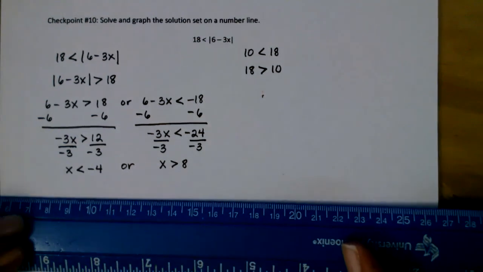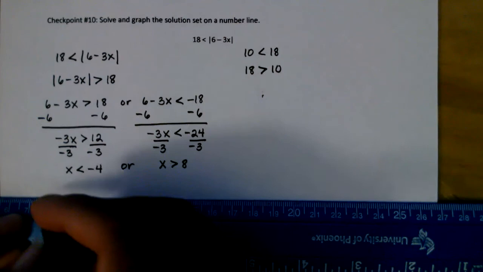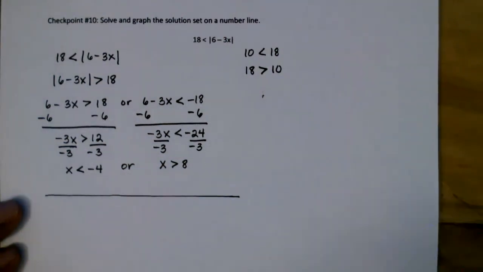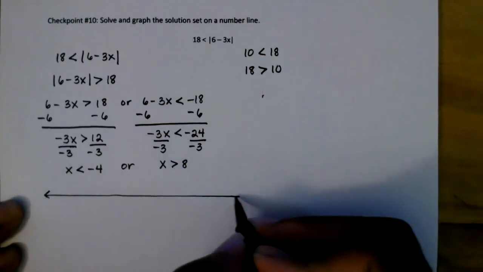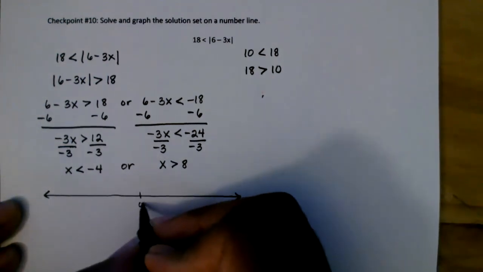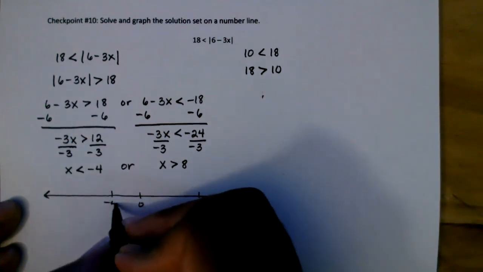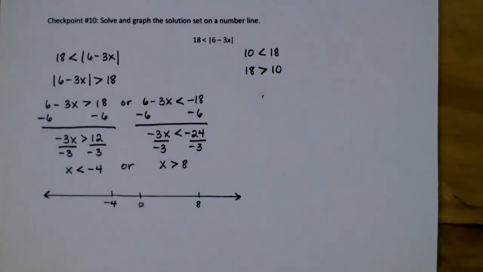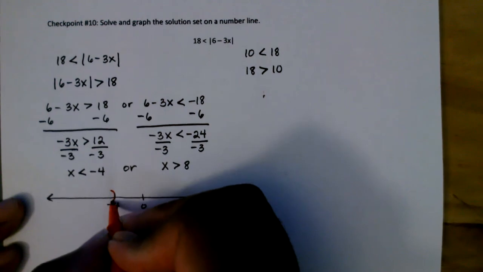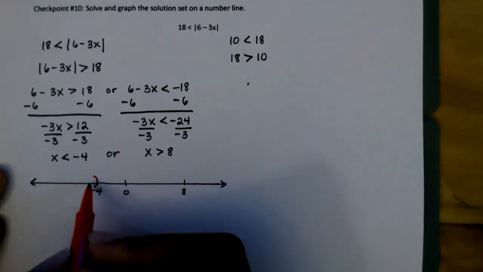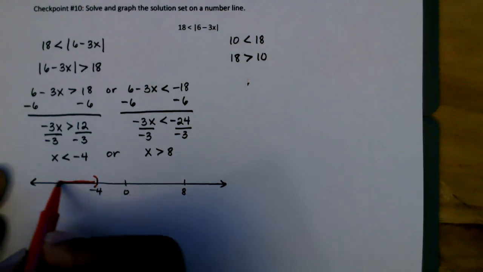Here's the graph on the number line for this. This one's a little bit different. For x is less than negative 4, the negative 4 is not included, so we use a right parenthesis at negative 4. Less than means it goes to the left, so we shade indefinitely to the left.